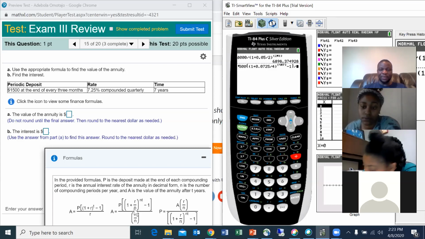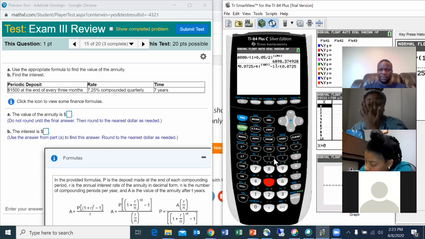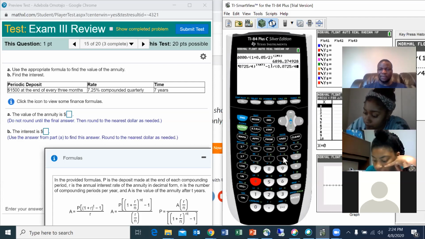The denominator starts with an open parentheses, and you do r divided by n. That is 0.0725 divided by 4. And you close the parentheses after that. And you're done.